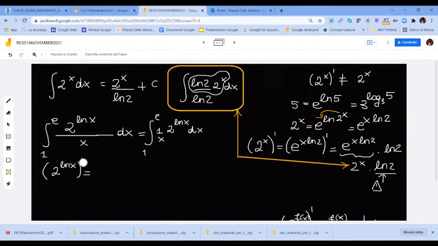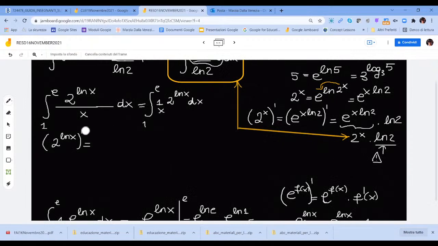The important thing is that you have the logarithm of 2 inside for the derivative, or you divide by the logarithm of 2 outside. That means this is the same as to compute e to the logarithm of 2 raised to the power logarithm of x.